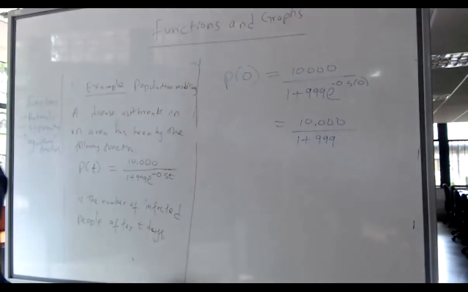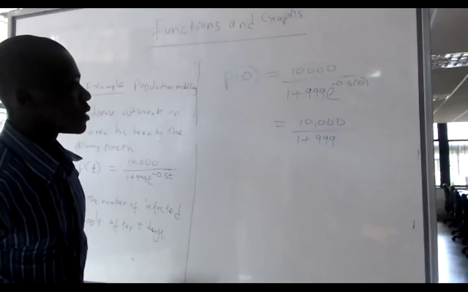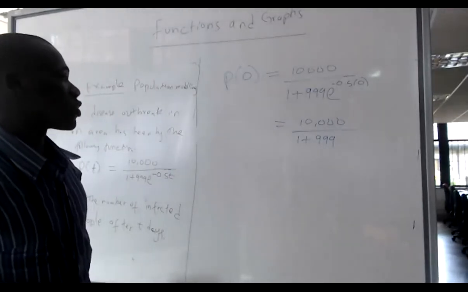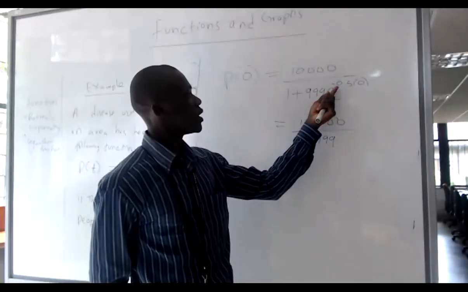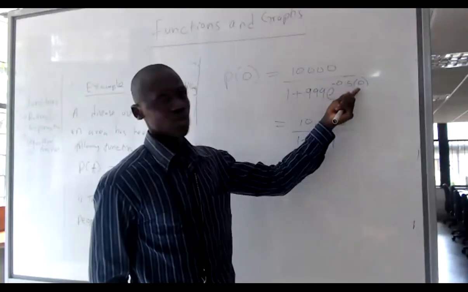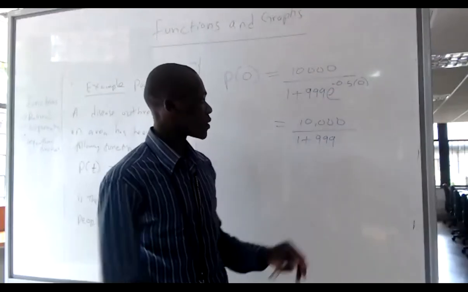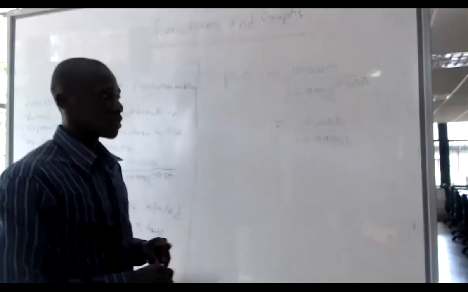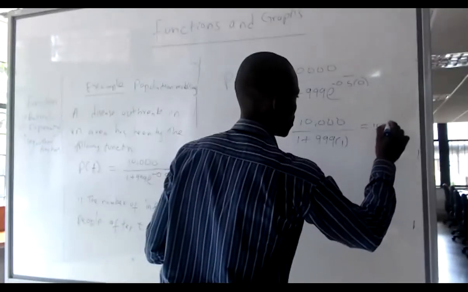I think, sir, the number raised to 0 is 1. So any number raised to 0 is 1. Yeah, so the person who said 1 is right because this is exponent 0.5 times 0, and 0.5 times 0 is 0. So in other words, you have exponent of 0, and exponent of 0 is 1. So here we will have 999 times 1. Fine. So this gives you 10,000.